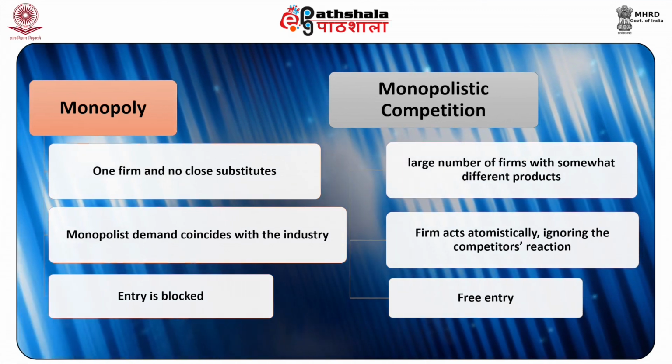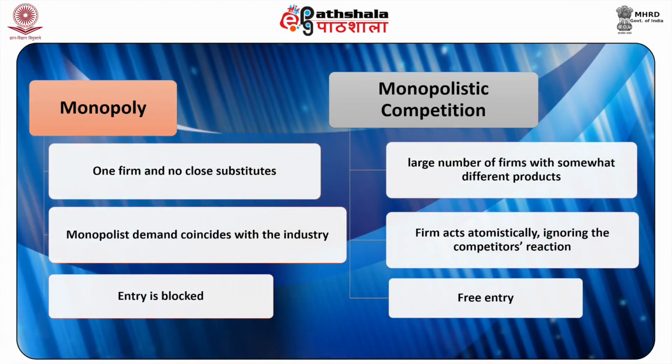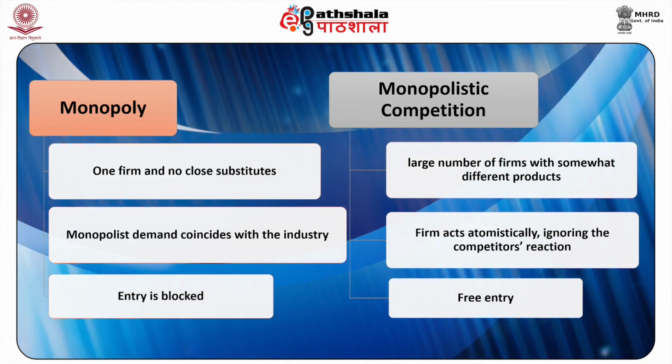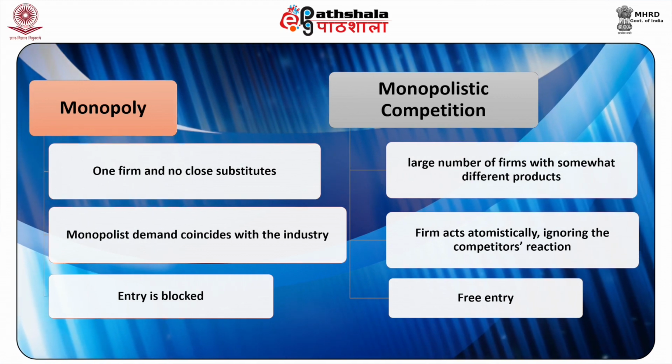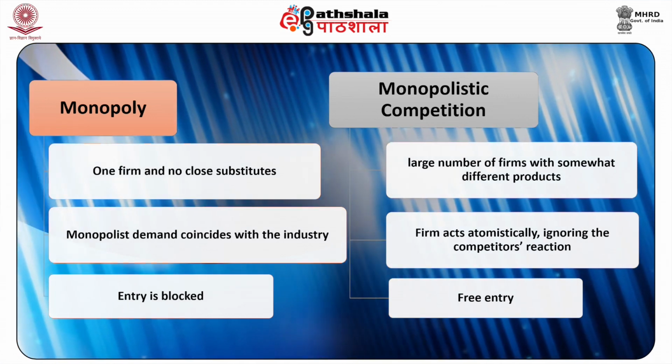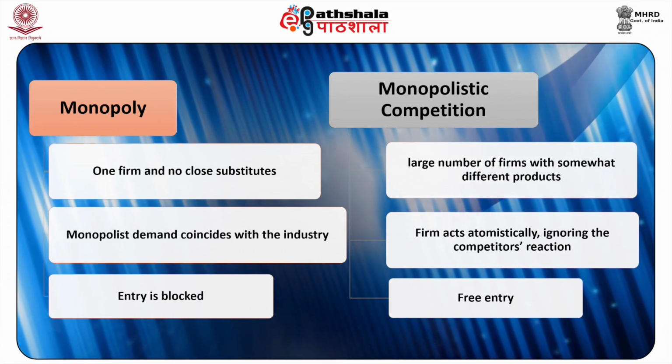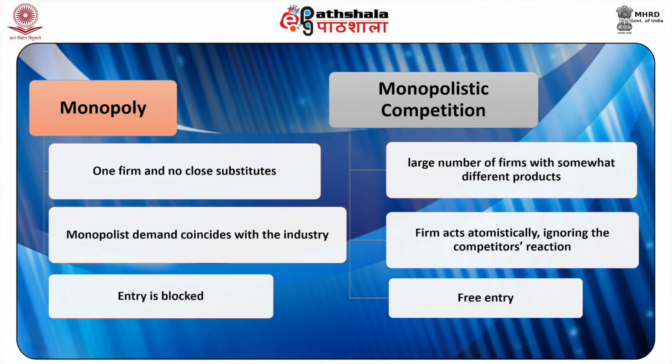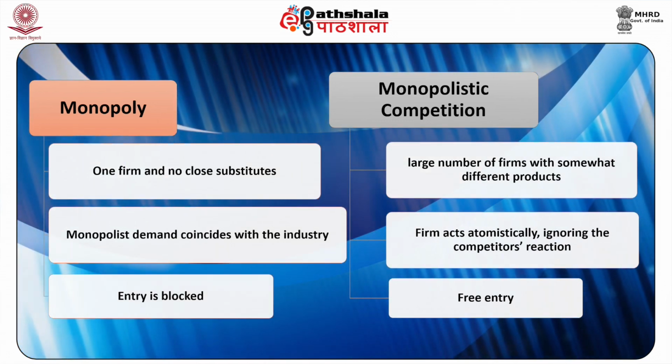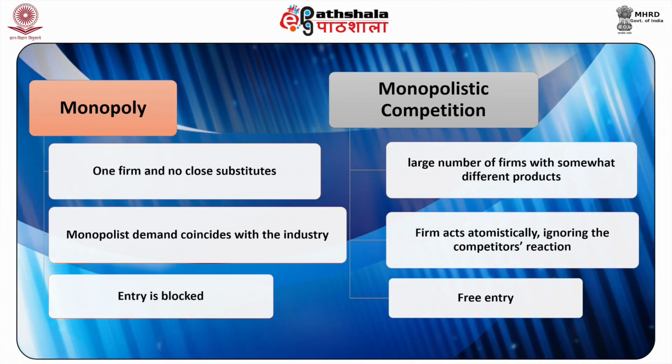Now, despite the existence of close substitutes, each firm acts atomistically, ignoring the competitors' reactions because there are too many of them, and each one would be very little affected by the actions of any other competitor.